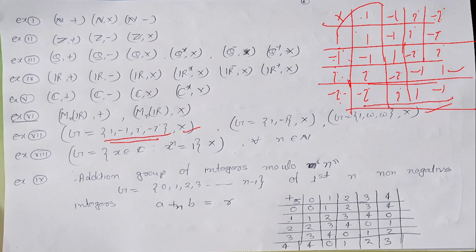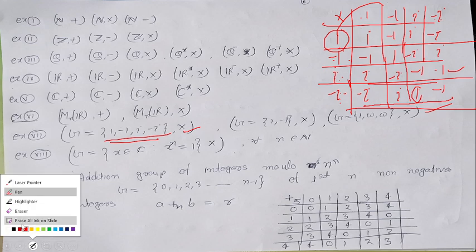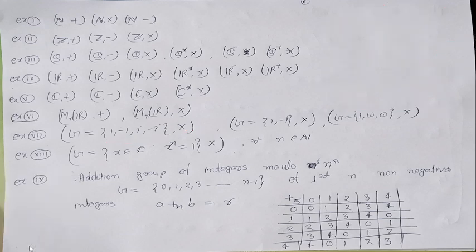And by this table, or Cayley table, we can see that 1 is the identity element, i has inverse minus i, minus i has inverse i. So in this way we can easily check whether it is a group or not.